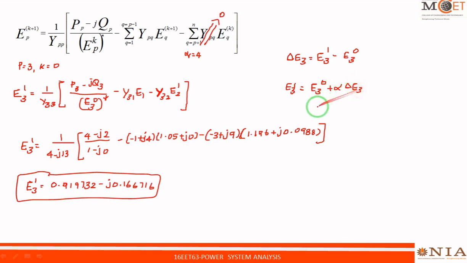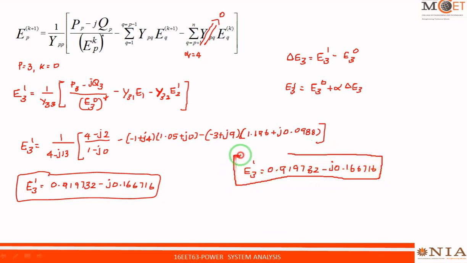Alpha is given as 1. So when I substitute this, I finally get the expression of E31 as 0.919732 minus j0.166716. So this is the expression for E31 of the first iteration. So this is how we calculate the magnitudes.